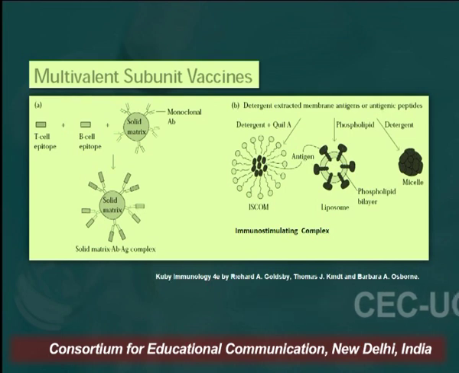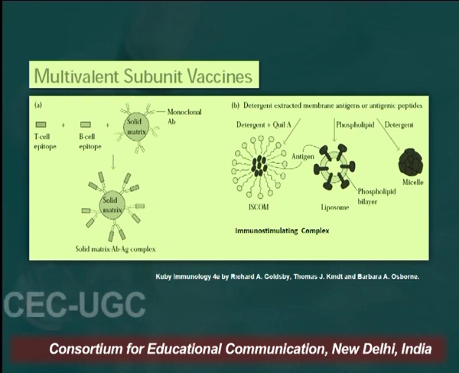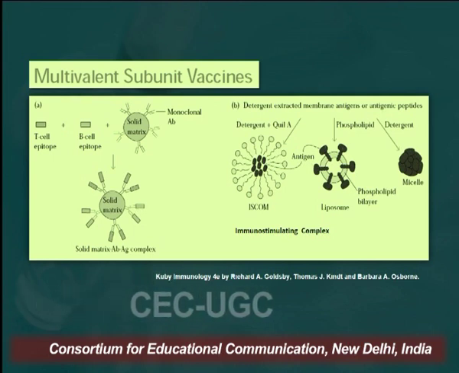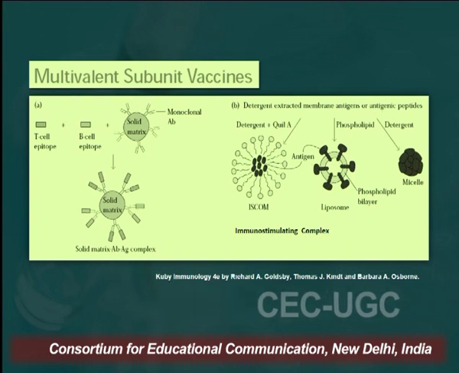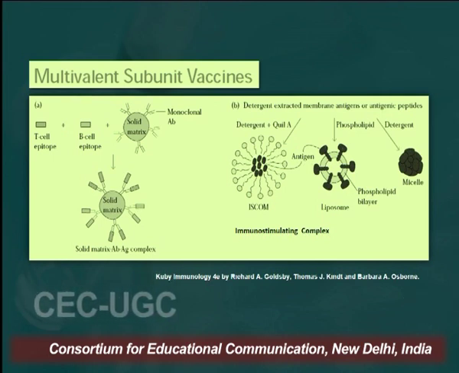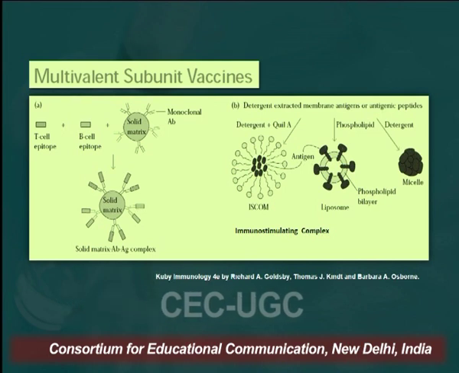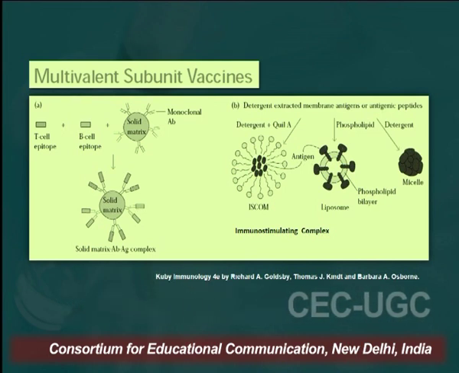Over here, if we see, the T cell epitope and the B cell epitopes are attached on the surface of this carrier, and now this carrier molecule along with the multivalent subunits is injected in the body. So it will elicit the immune response, because it contains the epitopes both for the T cell and the B cell.